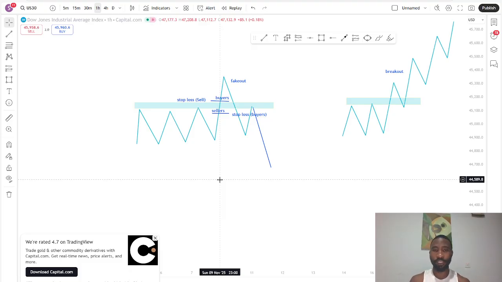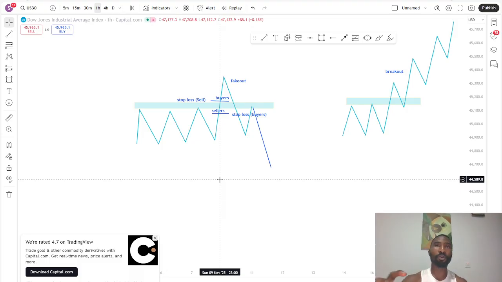You have to bet on two sides, right? The thing is that the market maker will not allow both sides to win. They will make it seem like the other party is winning while you are losing, or make it look like you are winning while the other party is losing. So at the end of the day, you both just lose. You understand me? It's just for them to take money. Then after taking the money, they will eventually do what they want to do. That is the purpose of liquidity.